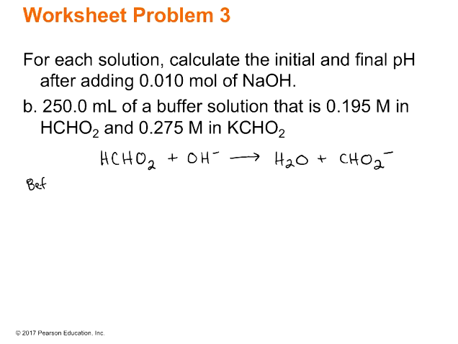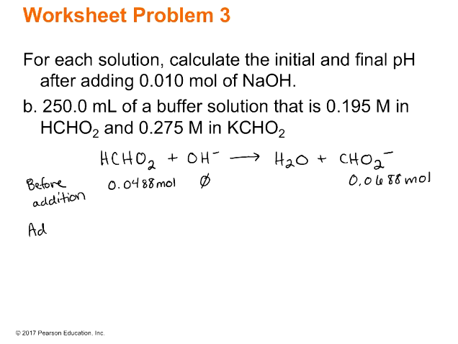So now, before addition of the sodium hydroxide, we said that we had 0.0488 moles of the weak acid. And then we won't have any of our hydroxide initially. And then we had 0.0688 moles of the conjugate base.